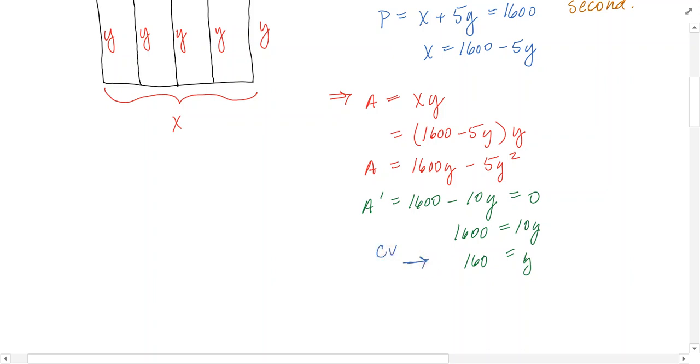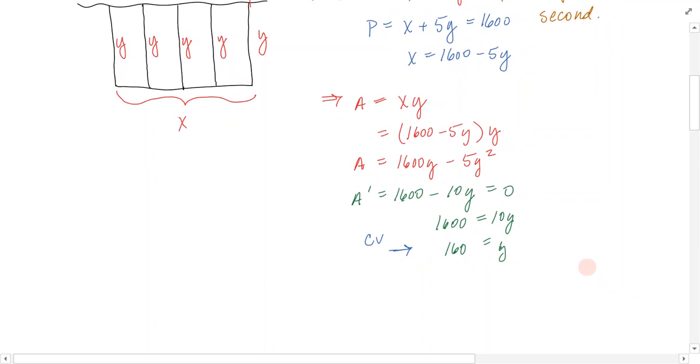Now we do need to test and make sure that this is indeed a maximum, and we can do that by taking that critical value of 160 and testing the derivative A prime to the left and to the right of 160.